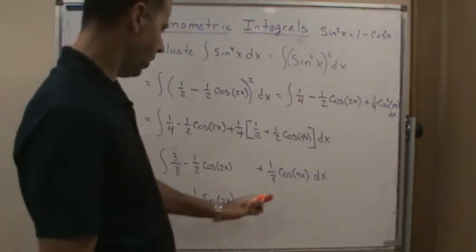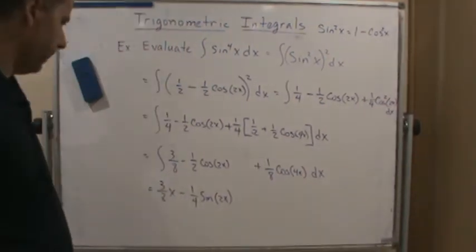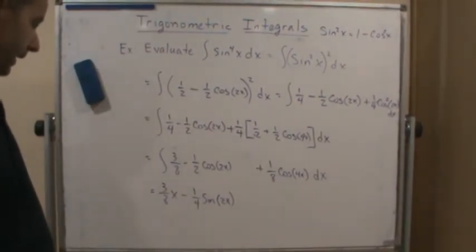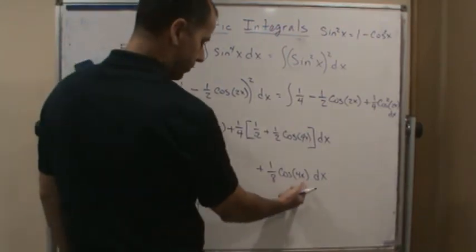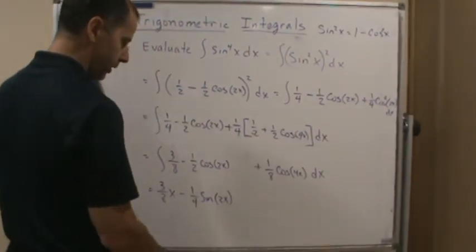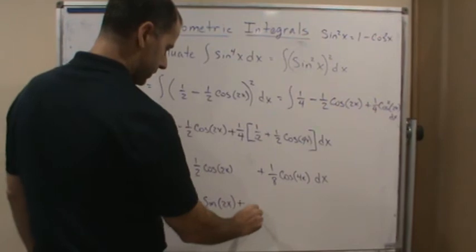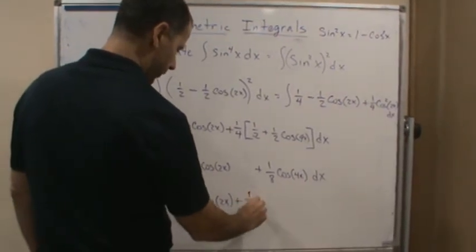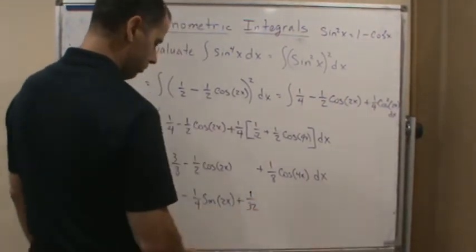And then here, the cosine 4x is also going to give me sine, but now I'm going to divide by the derivative of the inside, which is now 4. So this is going to give me plus 1/32, right?